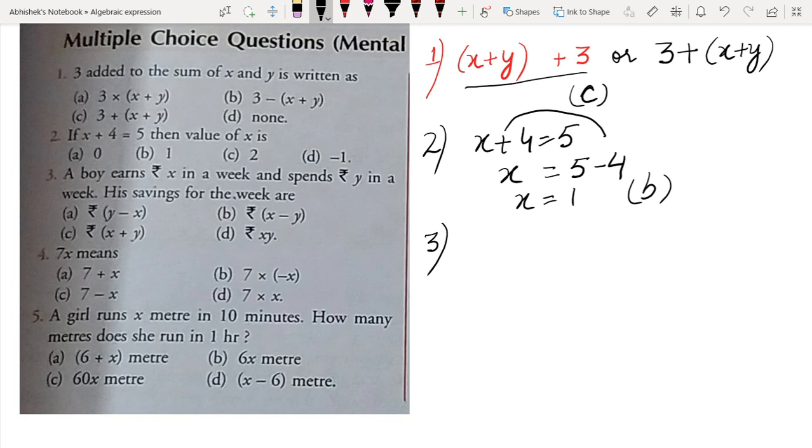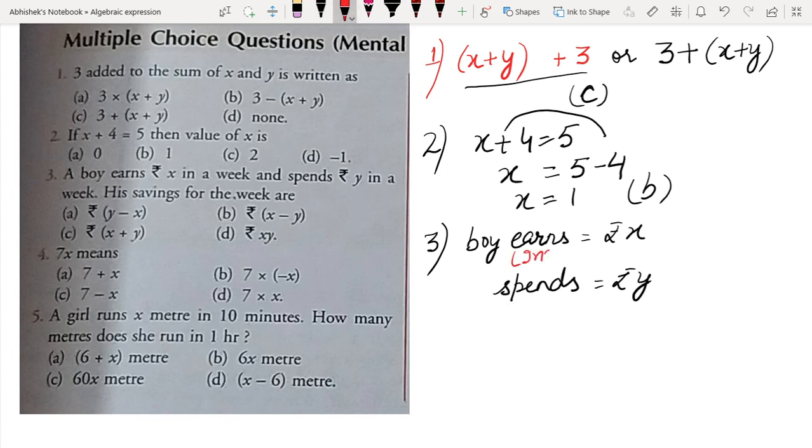Now look at the third question. A boy earns rupees x in a week and spends rupees y. Earns means income, and spends means expenditure.